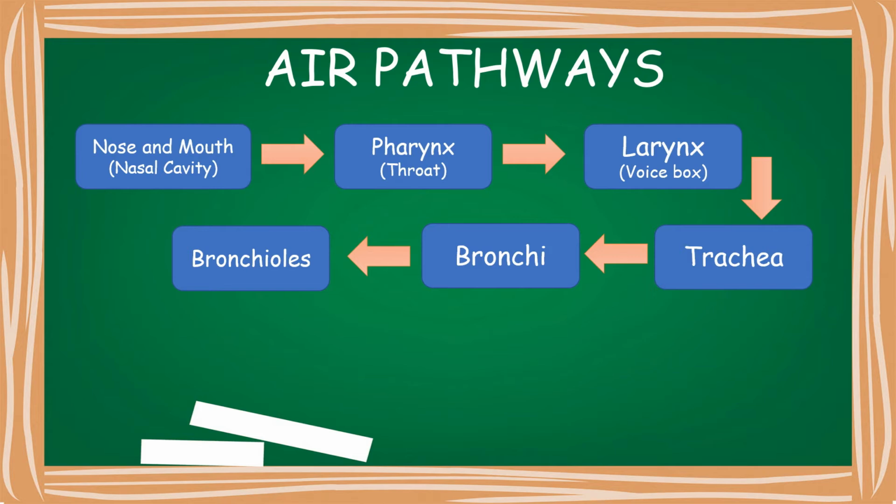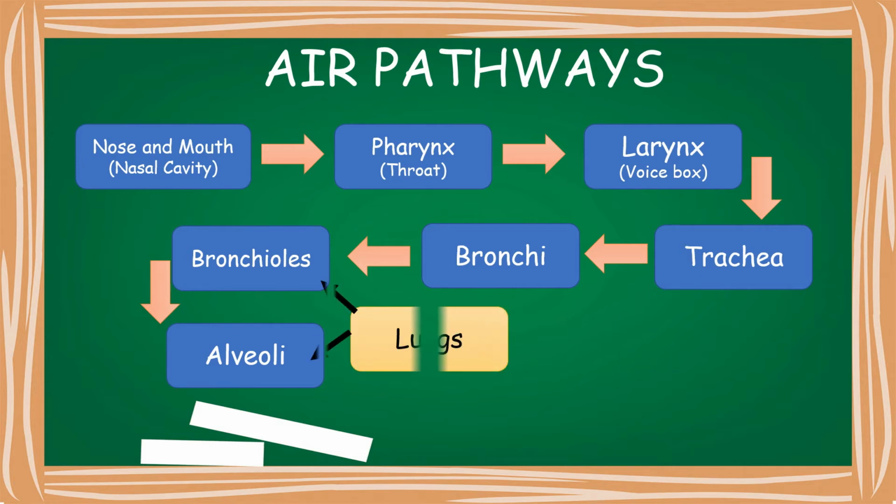Those are what we call bronchioles. Then the air will go to the air sacs inside of our lungs, and those are what we call alveoli. Those bronchioles and alveoli are located inside of our two lungs. So that's how the air flows inside of our respiratory system.